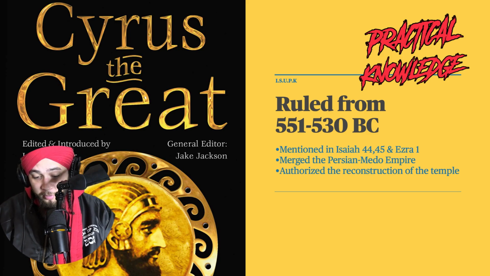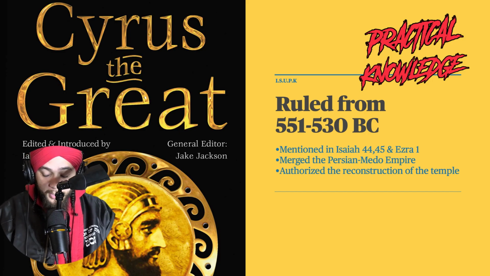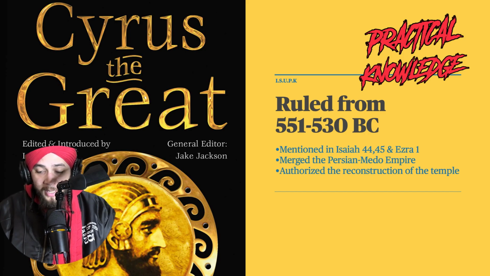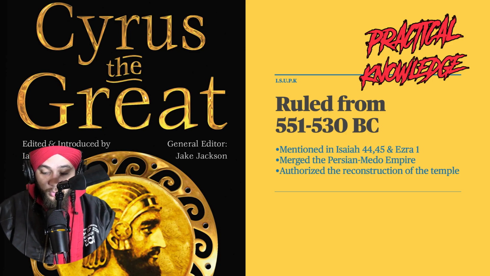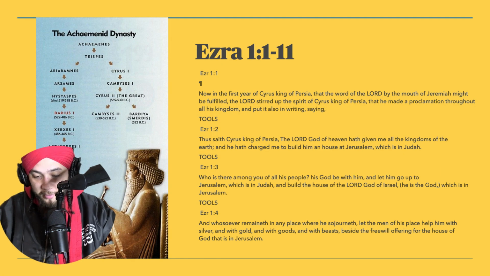Prior to the Persians, there was no one, in size and dominance to the extent of the Persians and the Medes, and that was prophesied by Daniel as well. Cyrus the Great is the one who also authorized the reconstruction of the temple. What does this have to do with Daniel 9? Stick around, brother and sister. It all makes sense shortly.